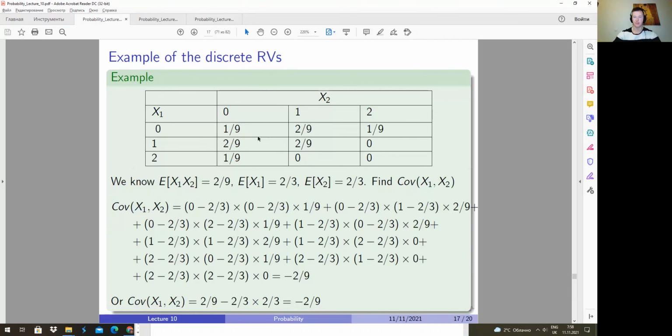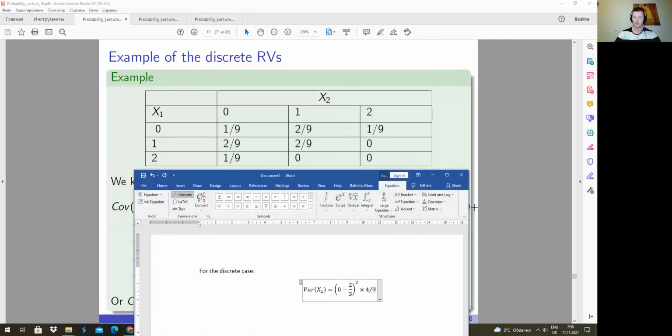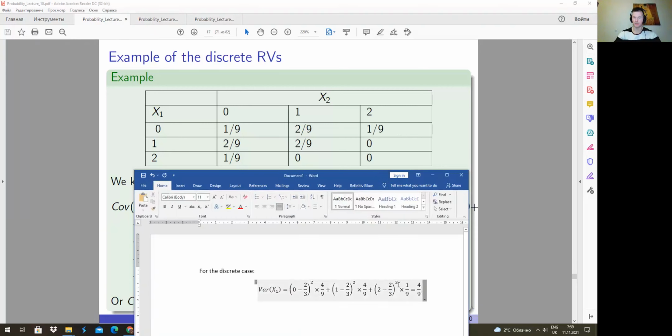So the sum of these three lines, 4 over 9, plus then I take this deviation from 1, and here also 4 over 9, and then I take this deviation from 2 squared, minus 1 over 9. So that's one way to calculate variance. So what do we have? We have 4 over 9 times 4 over 9 here, right? Which is 16 over 81.